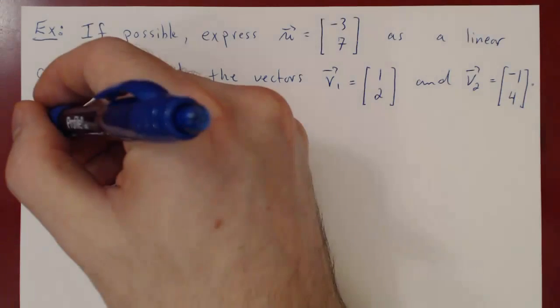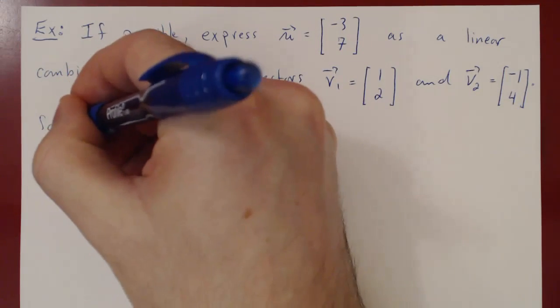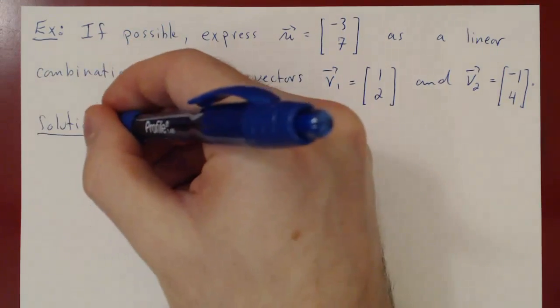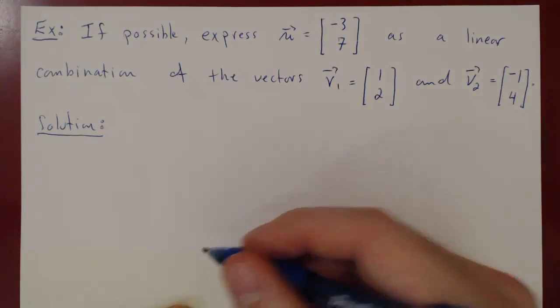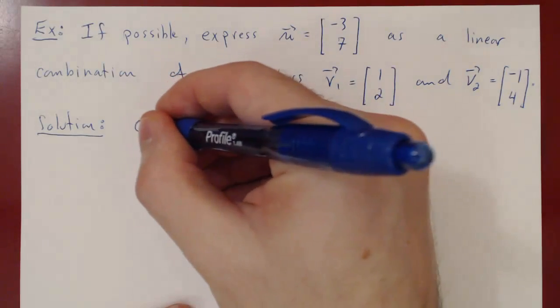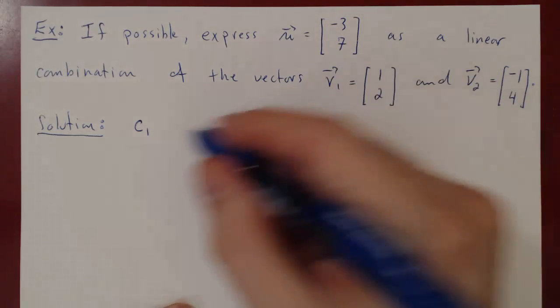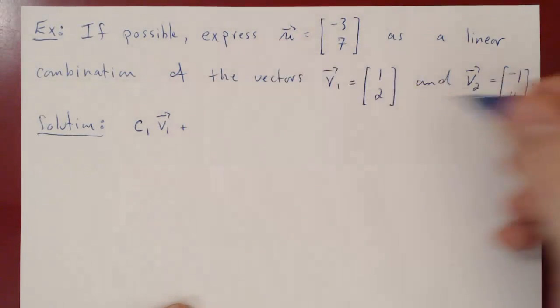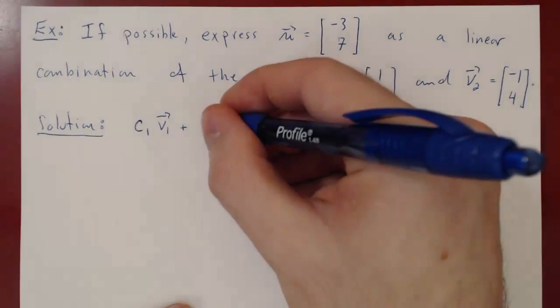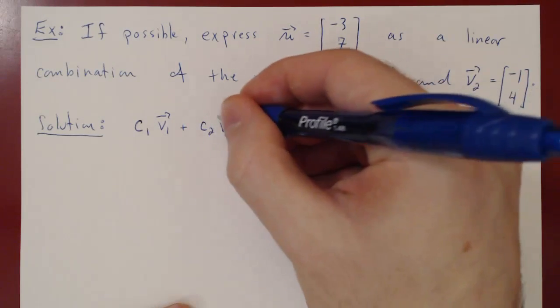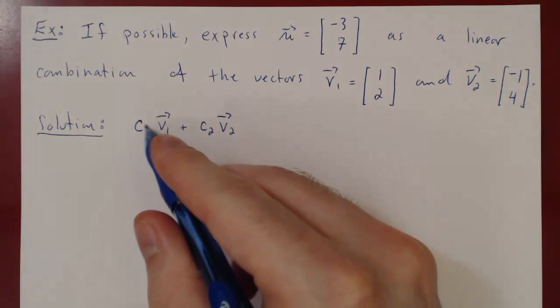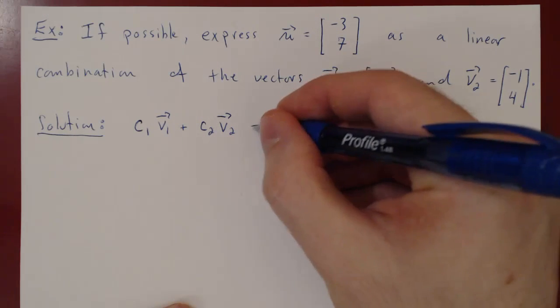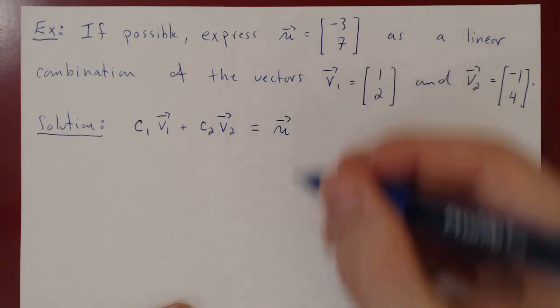Well, let's go back to the definition. We're asking, can we find a coefficient c1 times vector v1, so a multiple of v1, plus another multiple of v2, so that if we choose the coefficients c1 and c2 properly, we will get vector u.